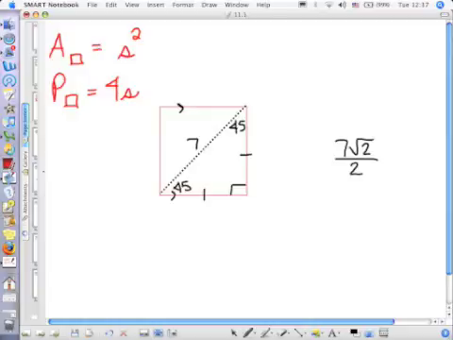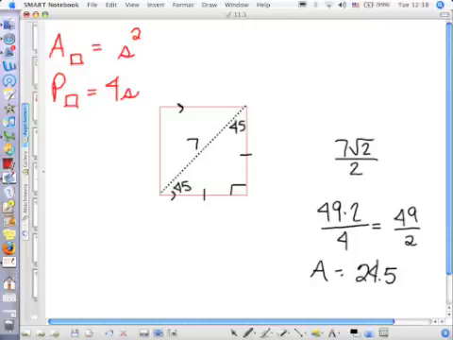What does it mean to square something? Multiply by itself. You should have gotten that the area was 24.5.